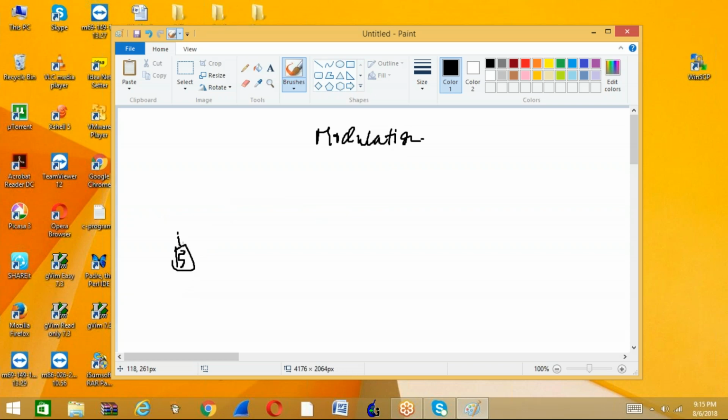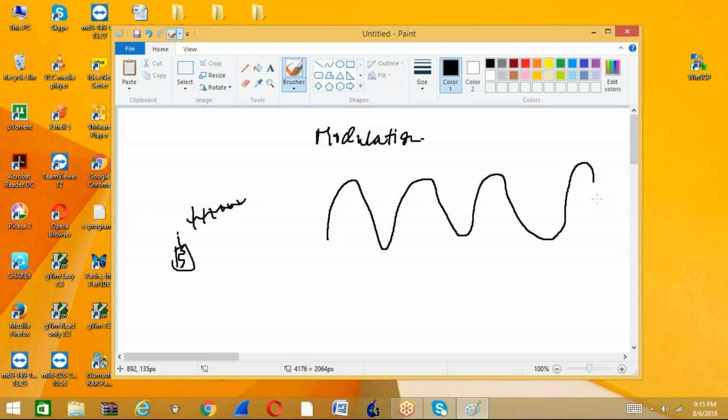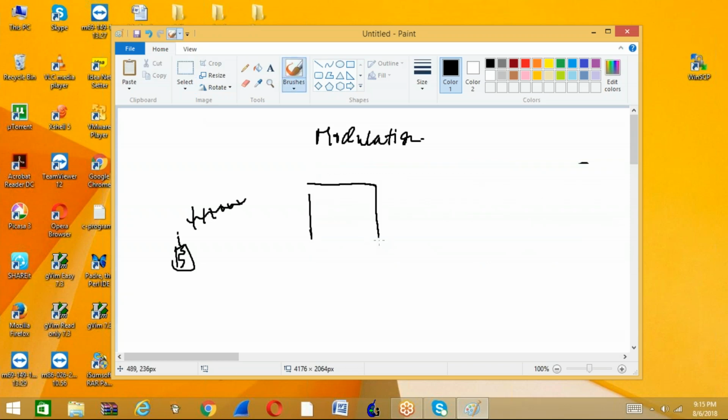Its internal signals are low frequency signals, and if I transmit a low frequency signal, there will be losses. Nowadays everything is digital, so I'll draw a digital signal instead of an analog one, with very low frequency bits.